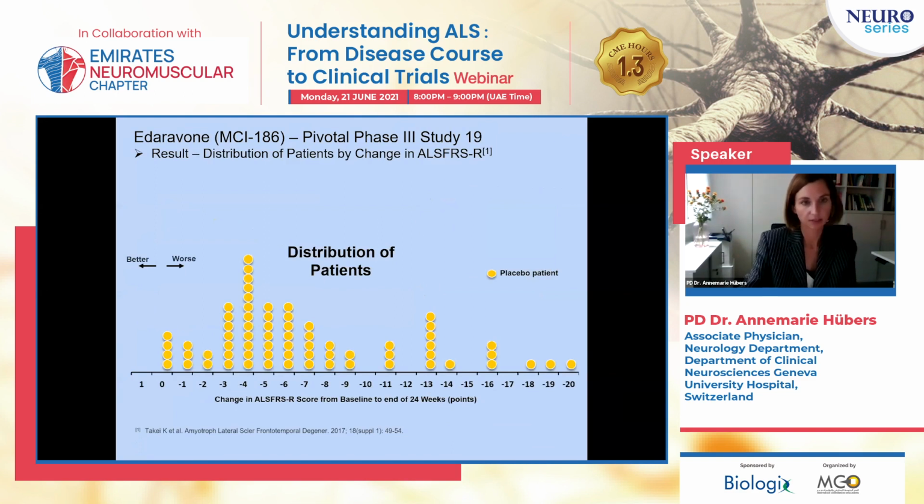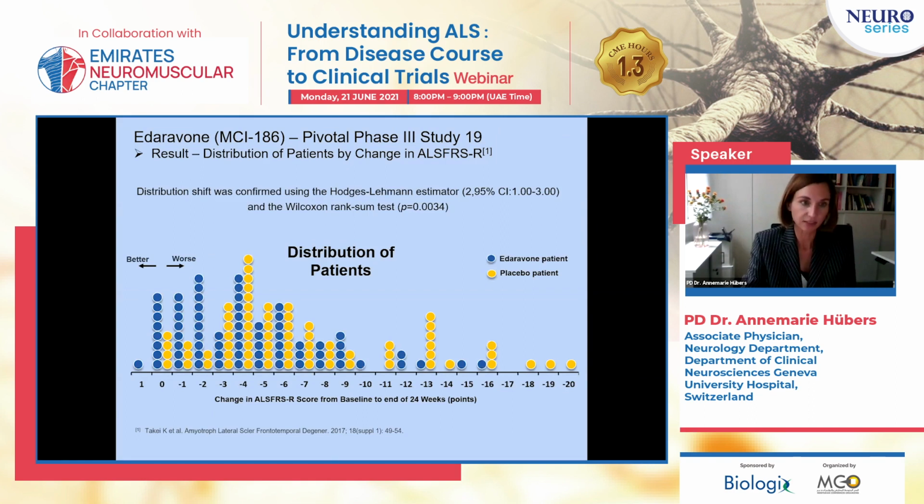Here you can see a different kind of presenting the data. This is change of ALS-FRS score from baseline to the end of 24 weeks. These are the placebo patients, and as it is a progressive disease, no patient would really show a better score over these 24 weeks, and most patients show a decrease in the score of 3, 4, 5, or 6 points after 24 weeks.